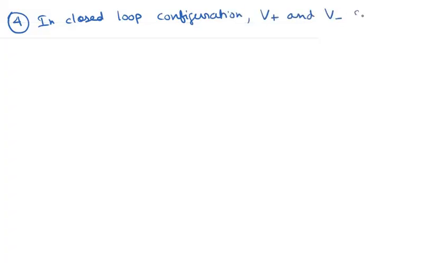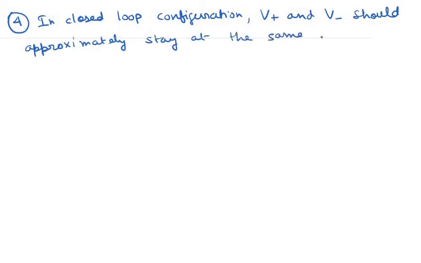In a closed loop configuration, V plus and V minus should approximately stay at the same voltage.